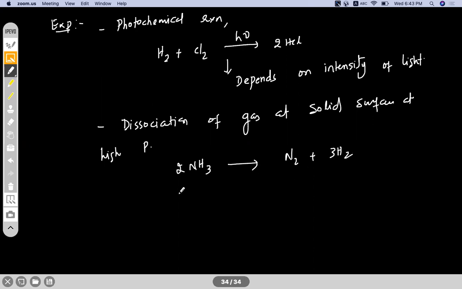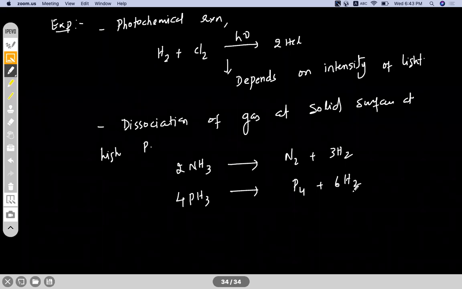Zero order, high pressure. 4PH3 gives P4 plus 6H2. All these are zero order reactions. Finished, copied?